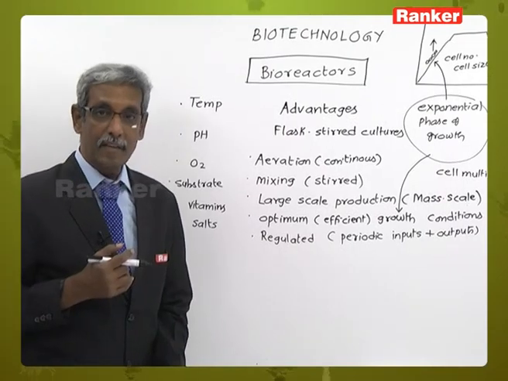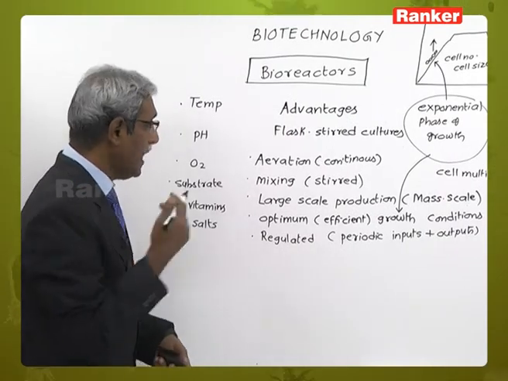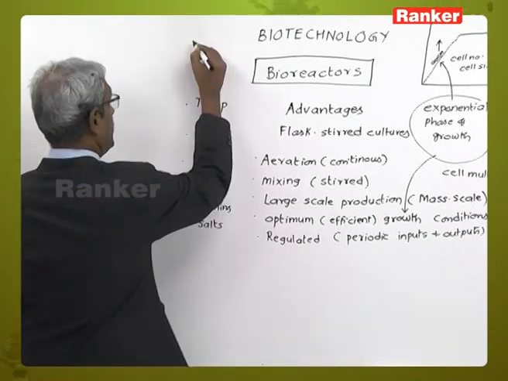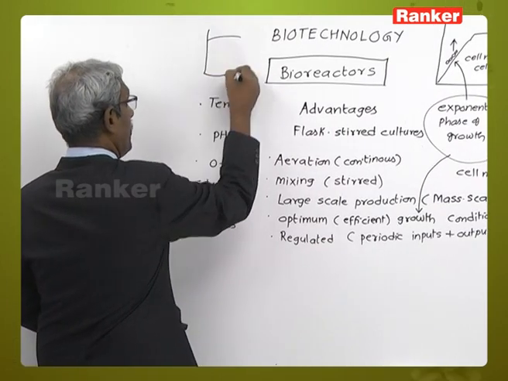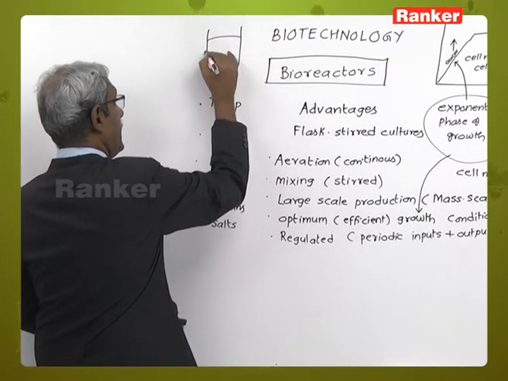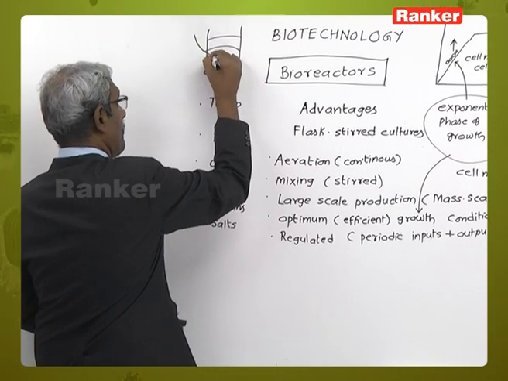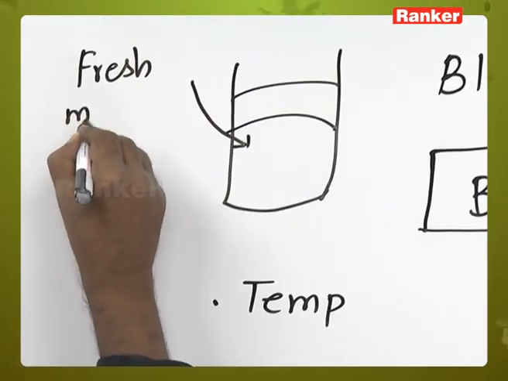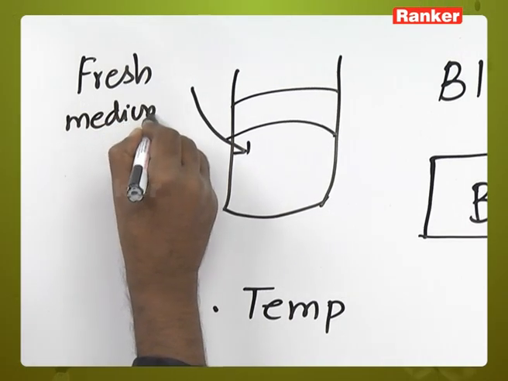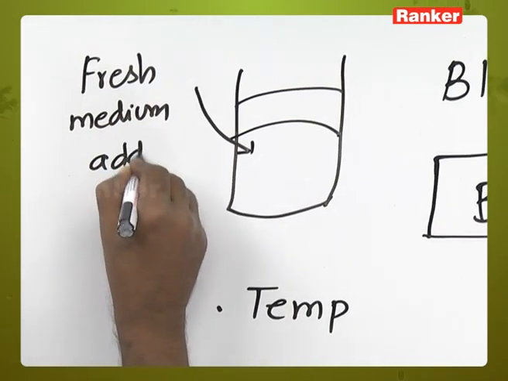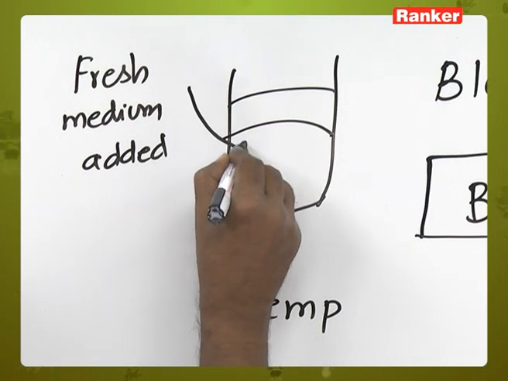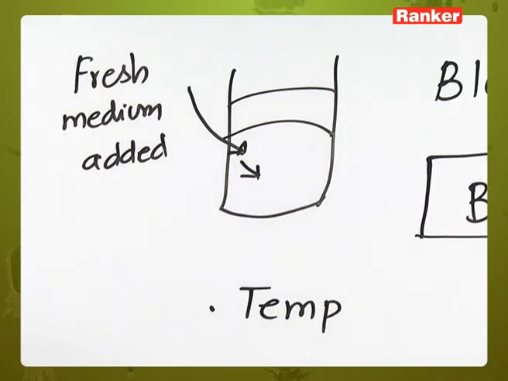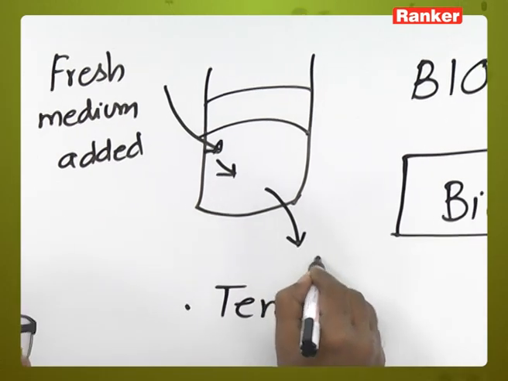The reason why there is efficient cell multiplication is every time in a bioreactor we have fresh medium added. There is a fresh medium added, and periodically the medium is also drained.